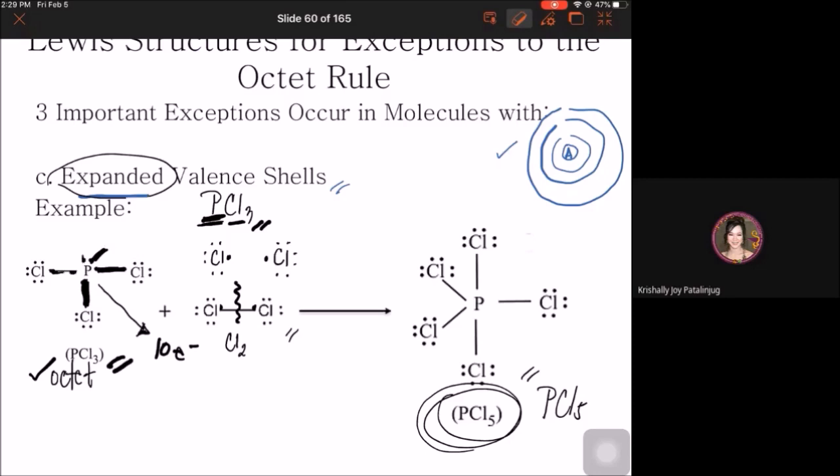So, ayan. Okay? Diba? 10 electrons na yan. 10 electrons, yung surrounding electrons ni phosphorus. So, okay lang naman kasi capable si phosphorus mag-expand.